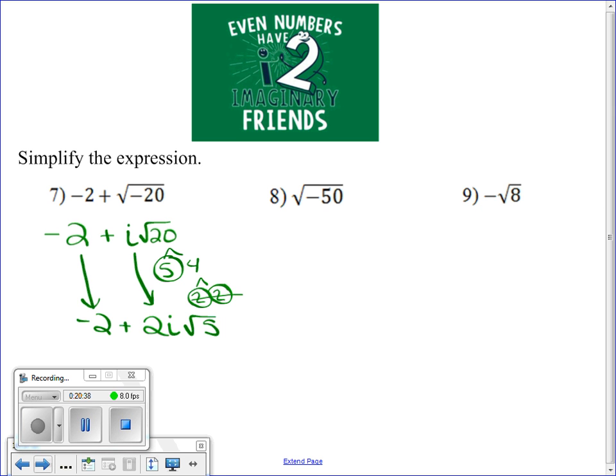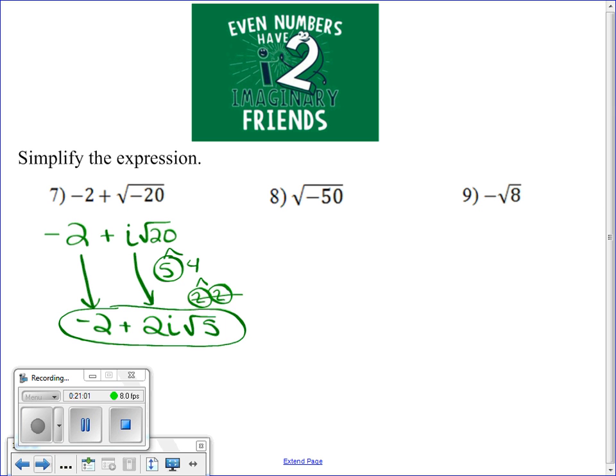Can I add that together? Are those like terms? Negative 2 plus 2i radical 5 is one piece. Is that a like term with a negative 2? No, that'd be as far as I can go. Later this week, we will talk more about how to add things like this together and when you can simplify and when you can't. That's a little glimpse into later on this week.